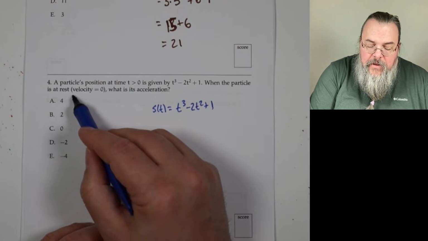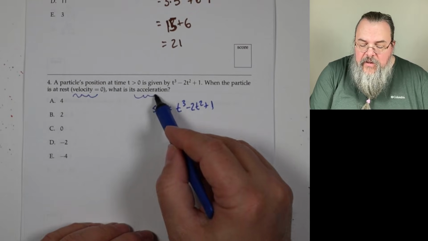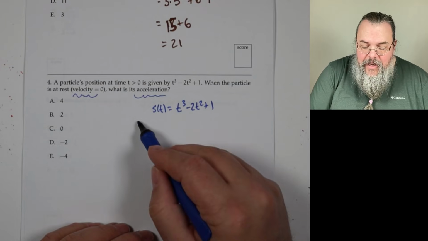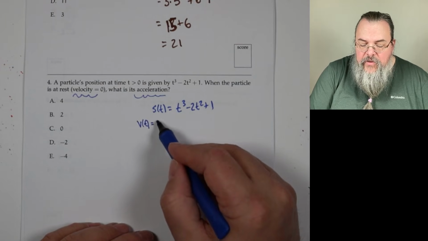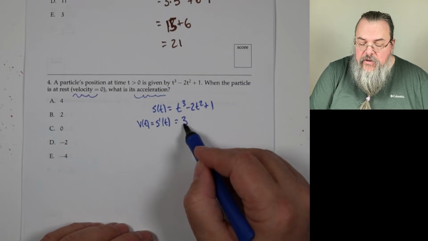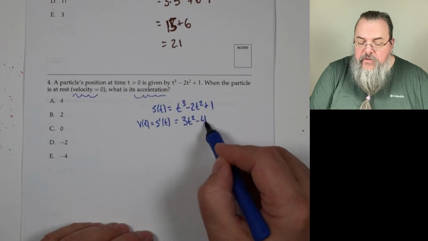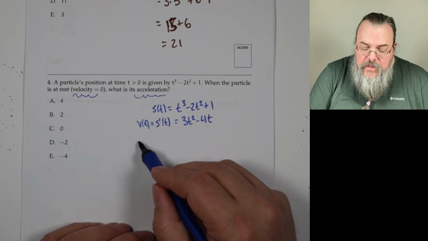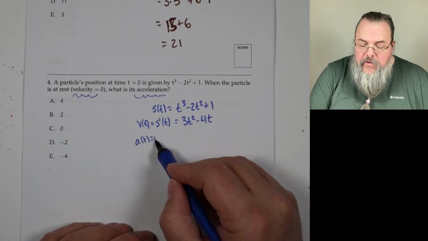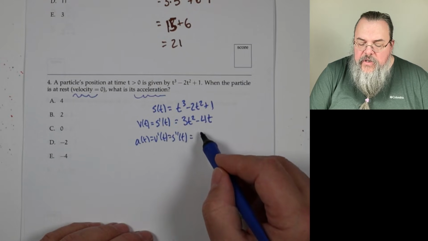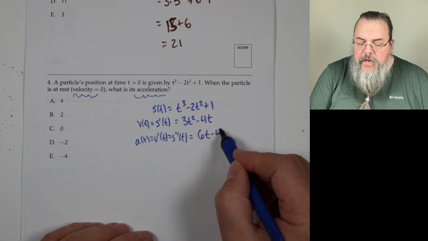And we have something about velocity and something about acceleration. So let's get those two functions. Velocity is the derivative of position. It's how position changes. So take the derivative: 3t squared minus 4t. Acceleration is the derivative of velocity. It's also the second derivative of position, which in our case is 6t minus 4.